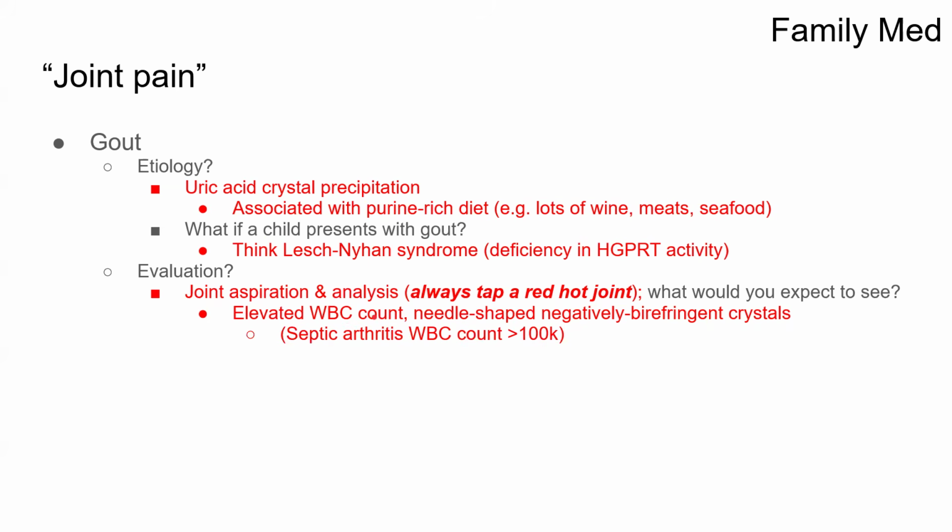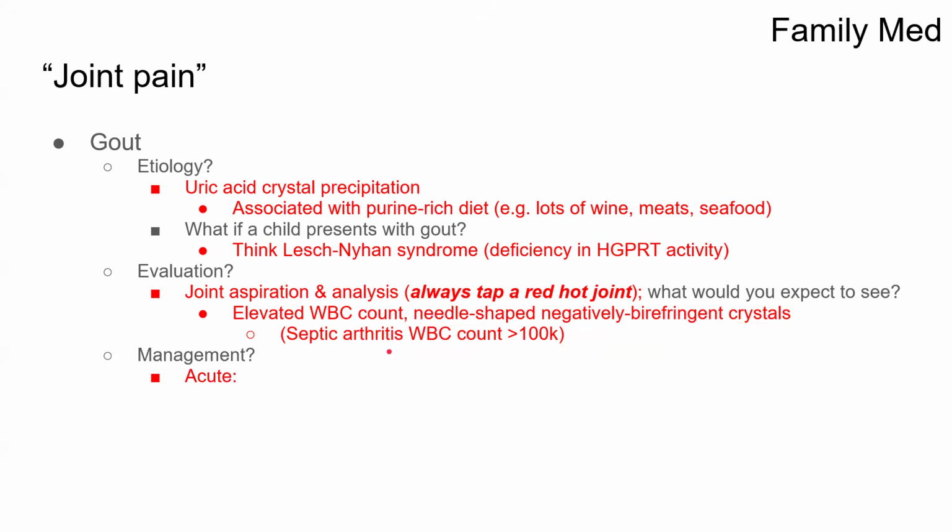If it is septic arthritis, you'll have a white blood cell count over 100,000. Whereas in the case of gout, you won't have as high of a white blood cell count. But really, the thing that drives home the diagnosis of gout is this needle-shaped negatively birefringent crystal result on aspiration.